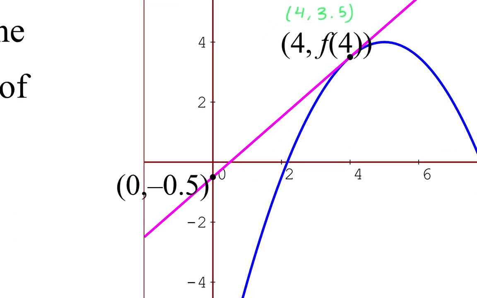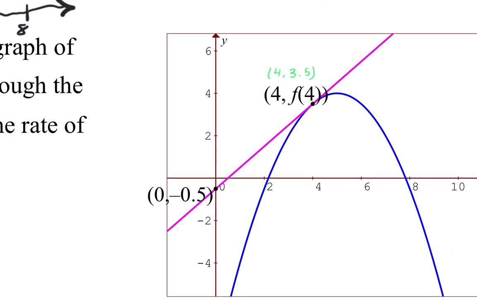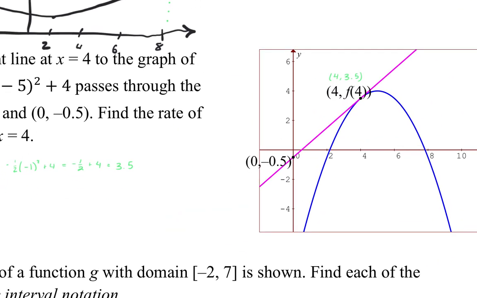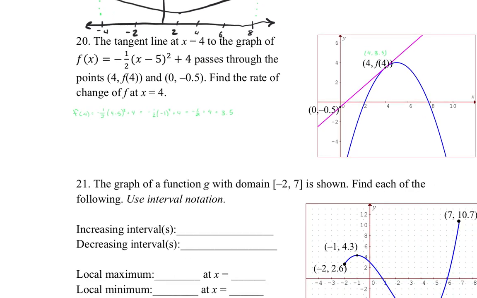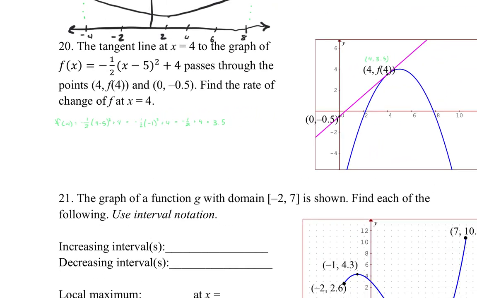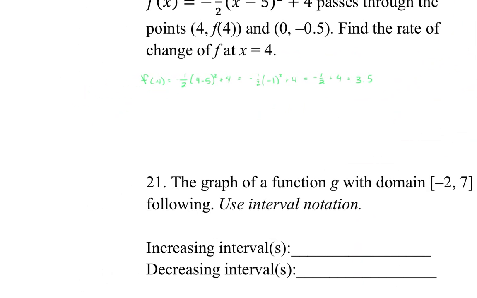And we know that this is (0, -0.5). So if we think about it, we can determine the rate of change of this line between those 2 points, and that would be the same as the rate of change of our function at the point of intersection here. So let's determine that. That is going to look like f of 4 minus f of 0 over 4 minus 0.